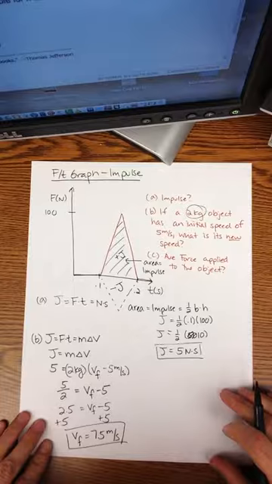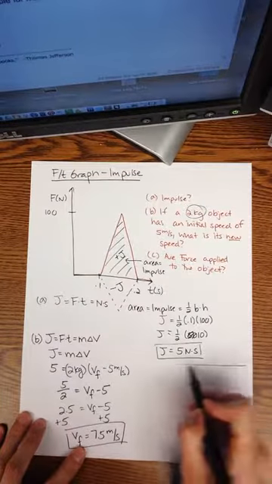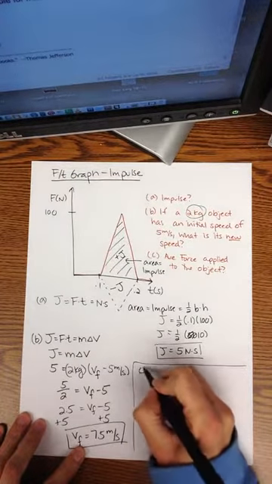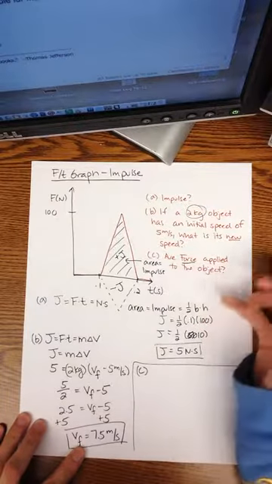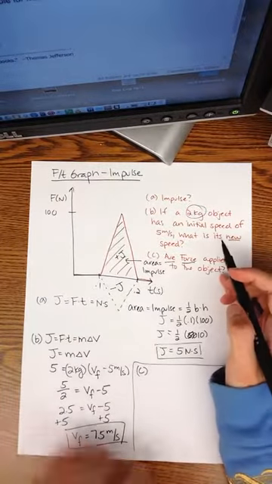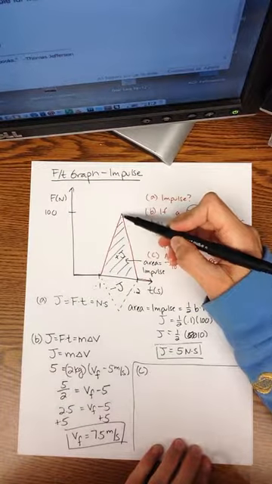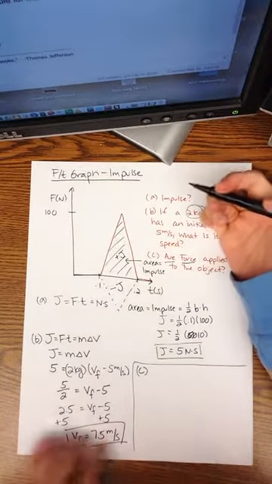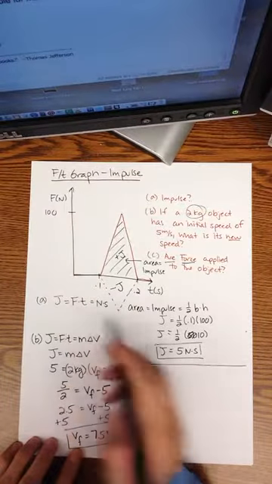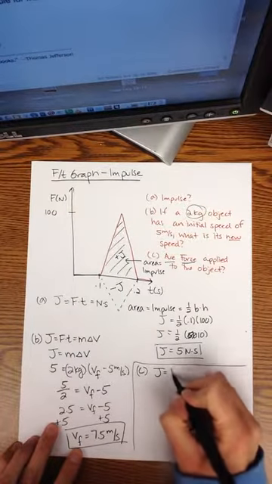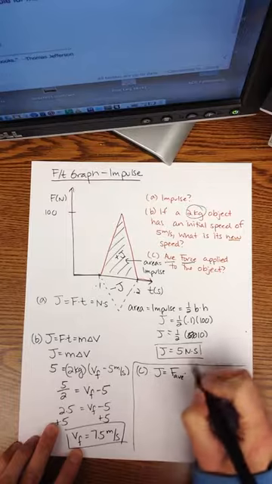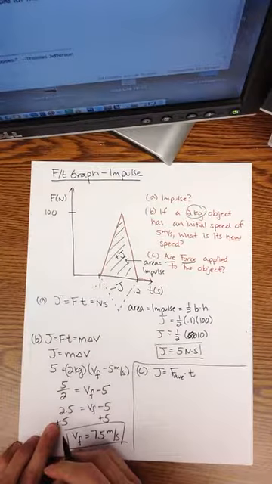Okay? And then the last part here that we'll talk about is part C, which is asking for the average force applied to the object. Which is a little bit more challenging because, again, remember this force, it changes as time passes. But if I look back at my impulse equation, J is equal to the average force times the time it was expended over.